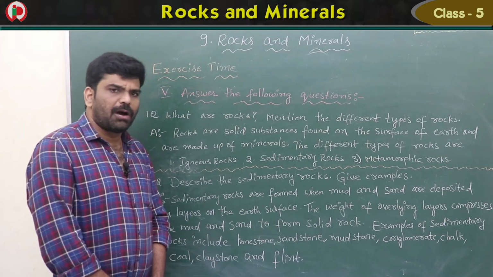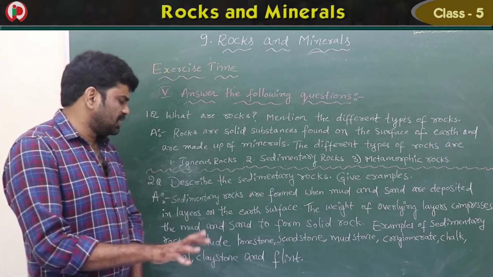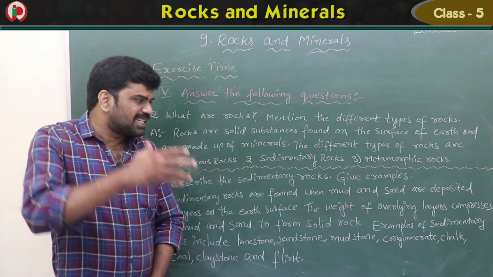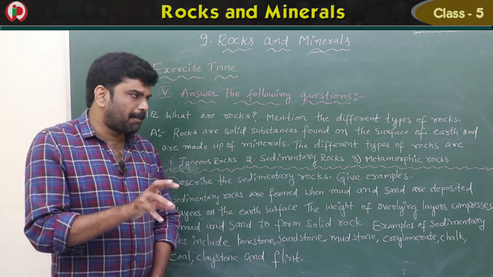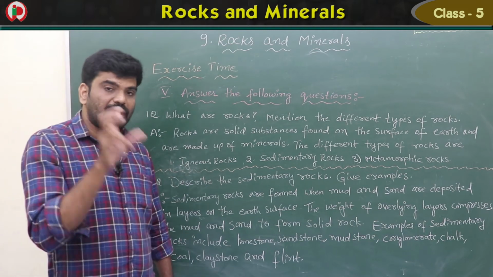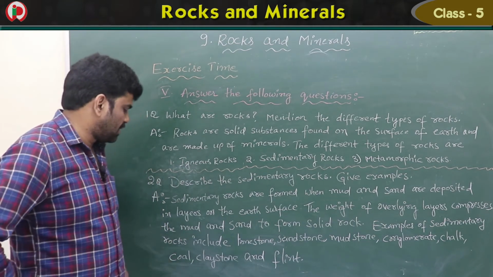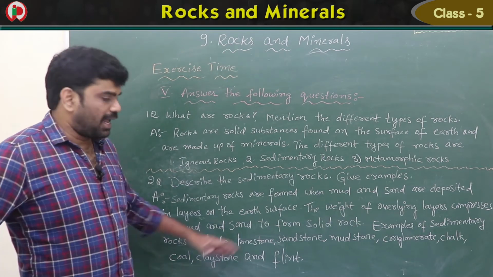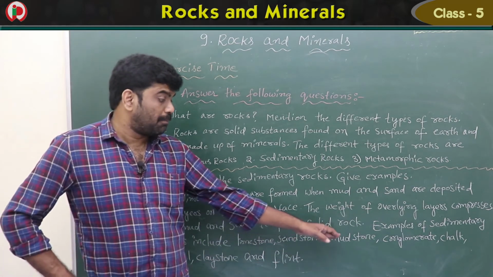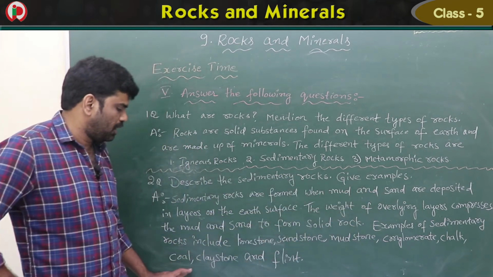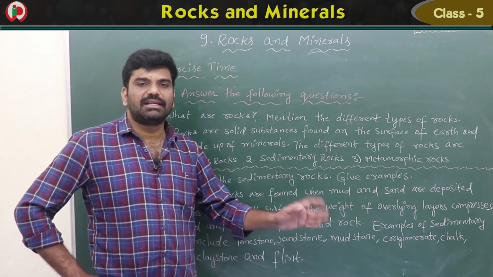Sedimentary rocks are formed when mud and sand are deposited in layers on the earth's surface. The weight of the overlying layers compresses the mud and sand to form a solid rock, which is called sedimentary rock. Examples of sedimentary rocks include limestone, sandstone, mudstone, conglomerate, chalk, coal, claystone and flint.